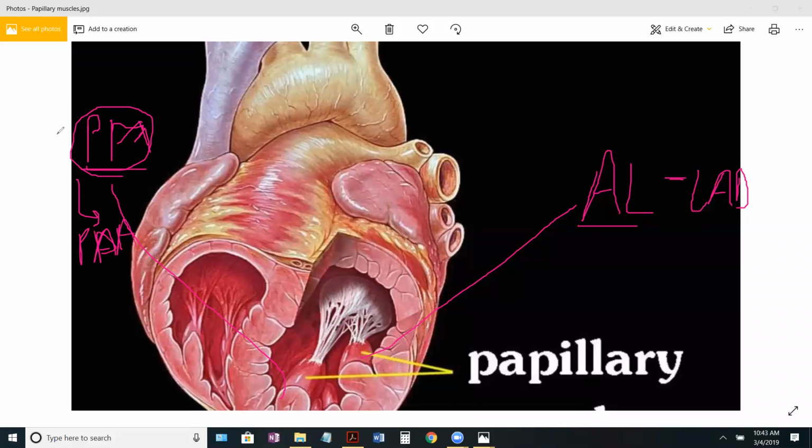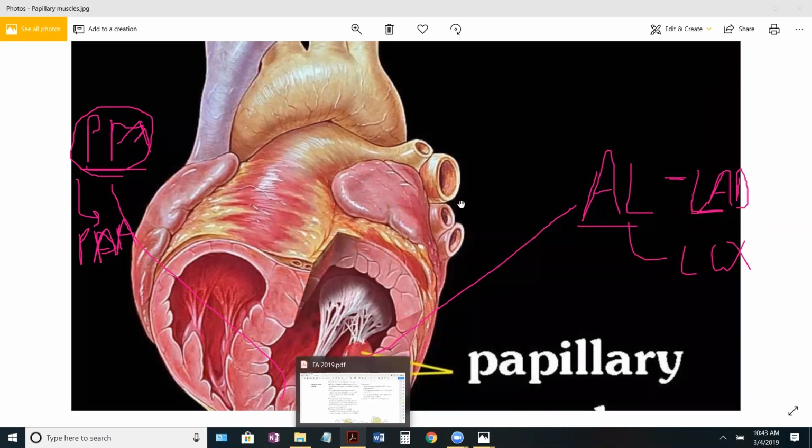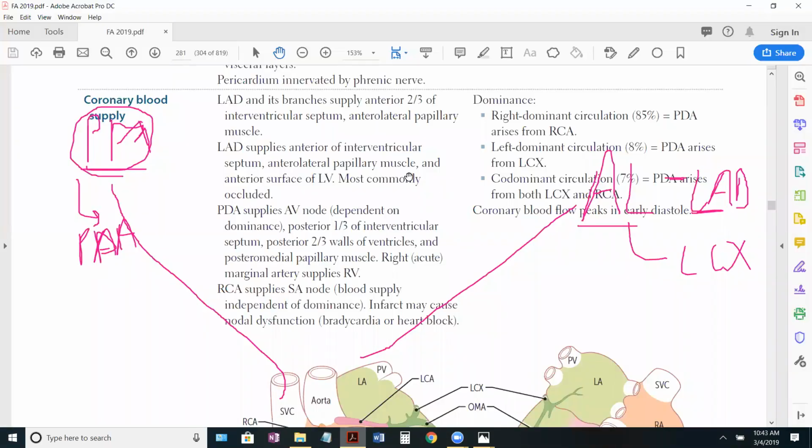But the anterolateral has two blood supplies. One is the LAD, and the other is another artery that you will see shortly. So which papillary muscle is more associated with ischemia? Posterior, because of the one blood supply that it is getting.